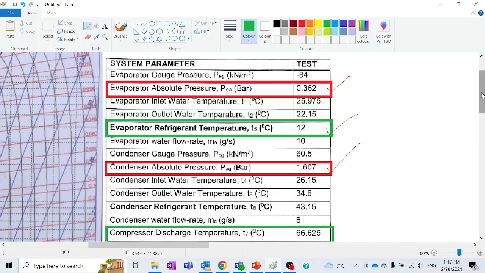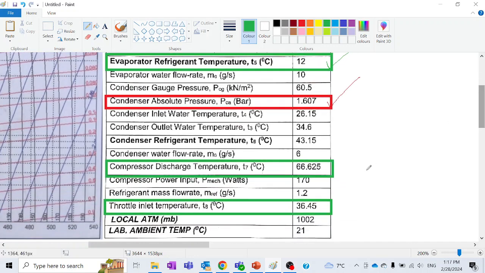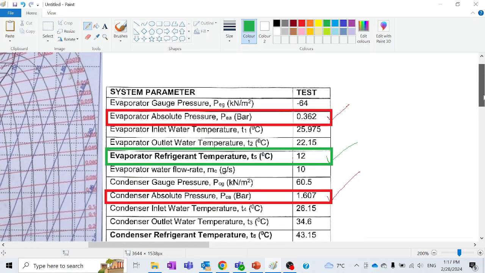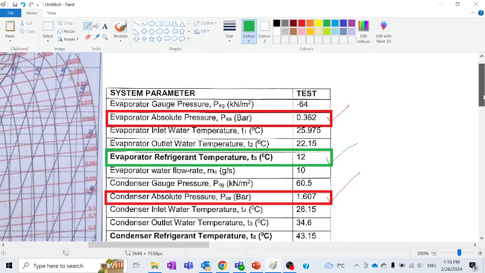Then we also need the compressor discharge temperature, which is given as 66.6 degrees Celsius. And finally, the other information that will help us trace the diagram is the throttle inlet temperature, which is here 36.45.